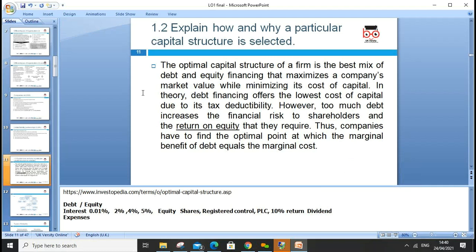But equity we pay after tax, so it does not come under expenses. After paying the tax, whatever profit is left, we distribute to the shareholders. So we can save more on debt instead of equity because it's a cheaper rate as well. That's why we need to focus on the gearing ratio.